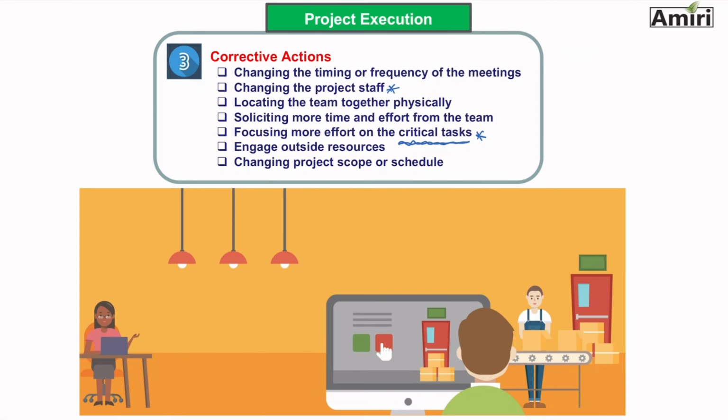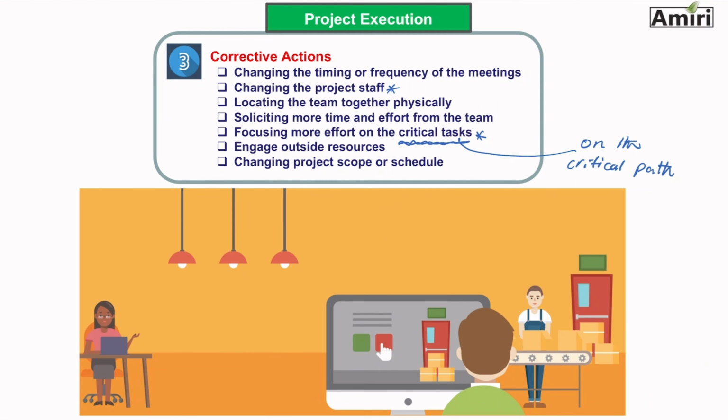In the PERT diagram, you can identify critical tasks. These are tasks that are on the critical path of the project. Any delay in any of these tasks will result in delay of the project.